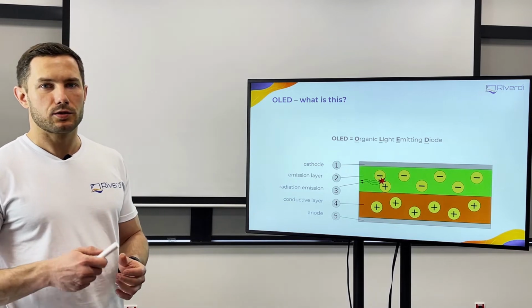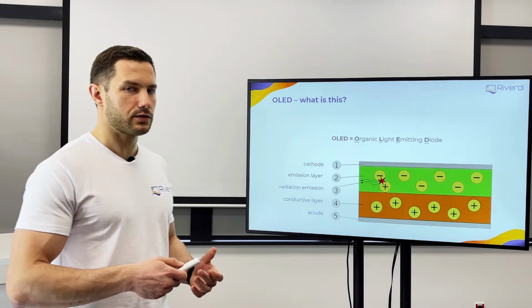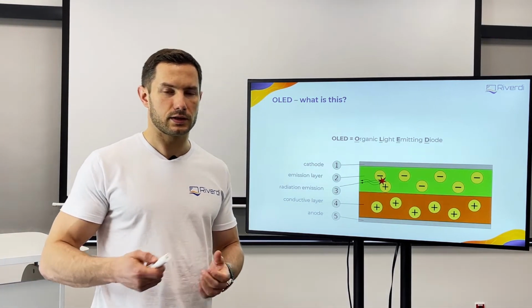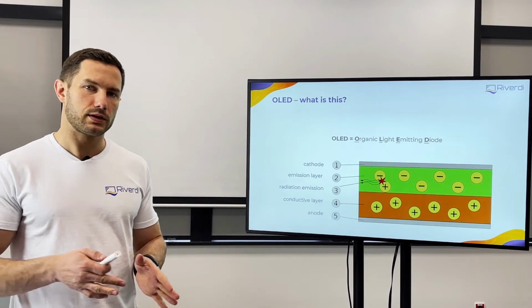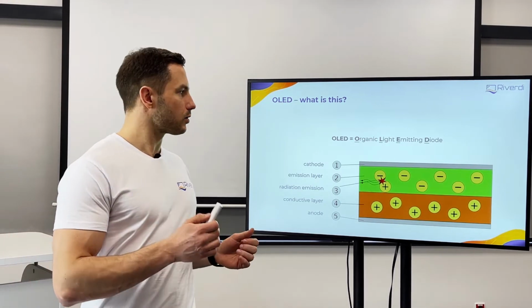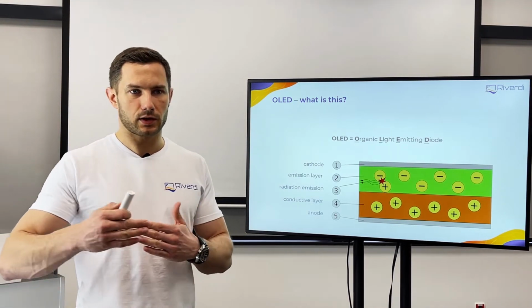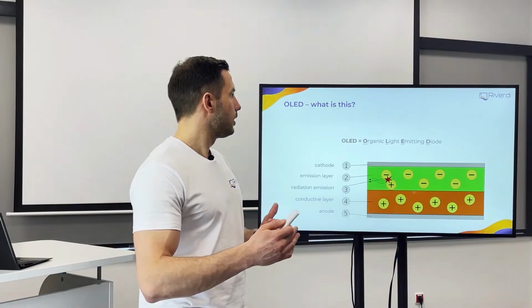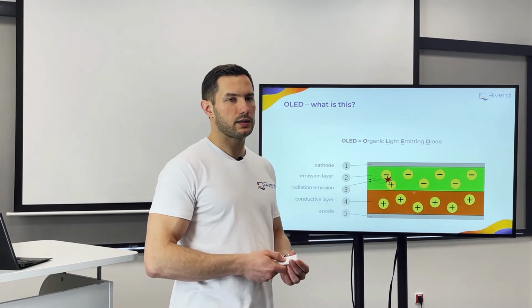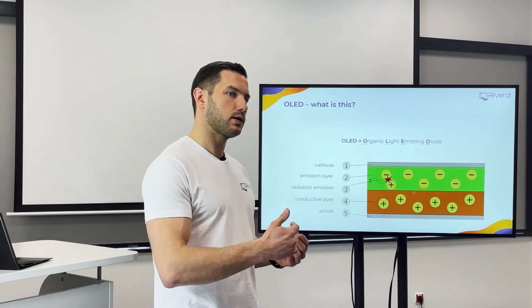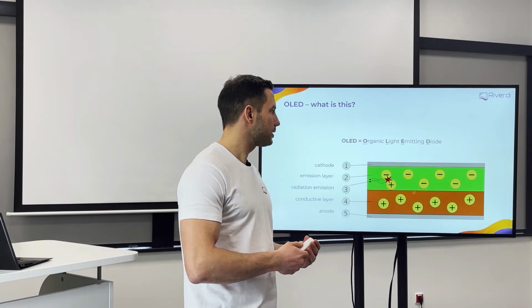Using different materials, we can generate different colors, and this is different than in TFT. As you may remember from our TFT sessions, we were talking that the TFT, or LCD in general, is just blocking the light from the backlight. So usually the backlight in TFT is white, then we block the light, or we transmit the light.